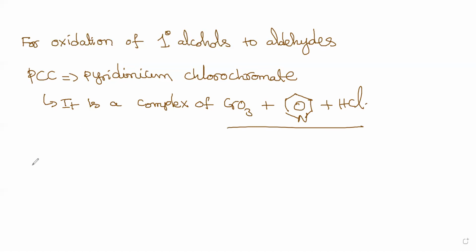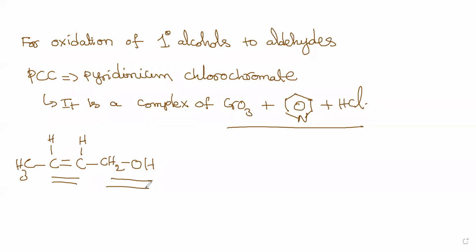And now let us consider this. So we have CH3CH double bond CH, so CH2OH. Suppose you have two groups. This double bond is also sensitive to oxidation, and you have CH2OH, which is also sensitive to oxidation.